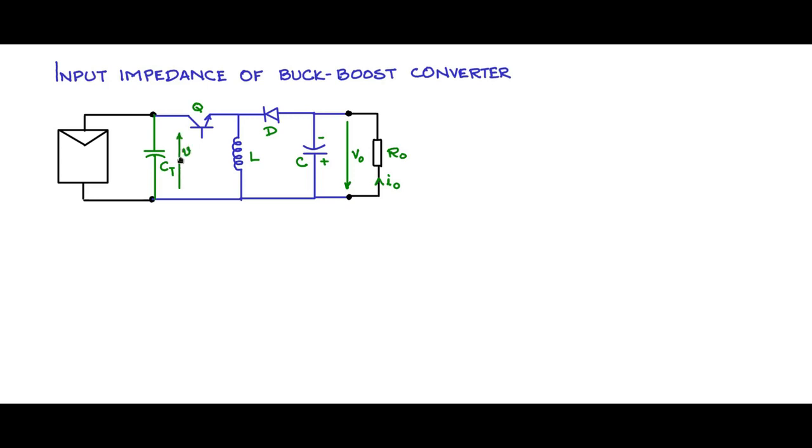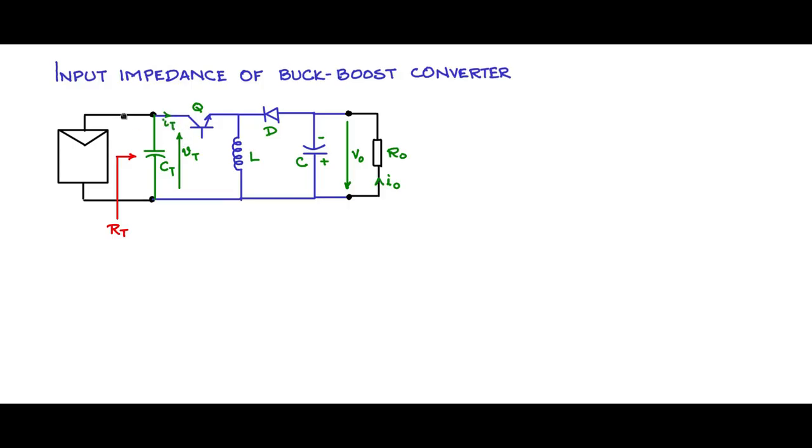So we will call this VT, the voltage across the input terminal. The input impedance RT is as seen from the PV panel side into the terminals. Now this current flowing into the collector of the BJT is called IT.